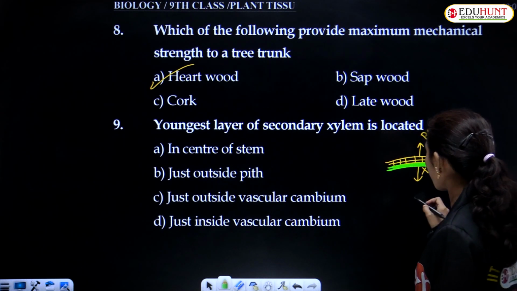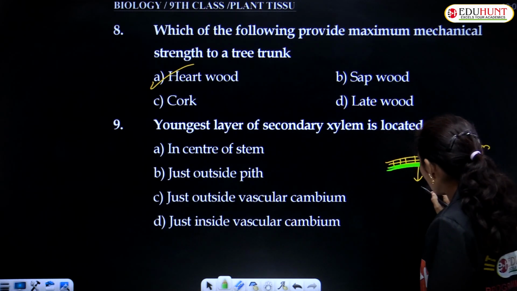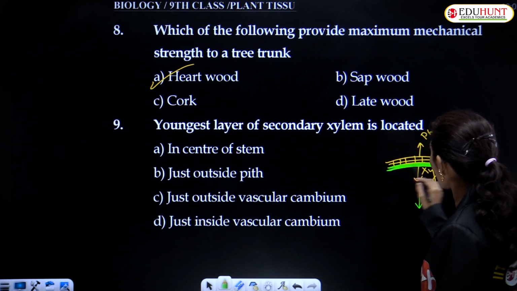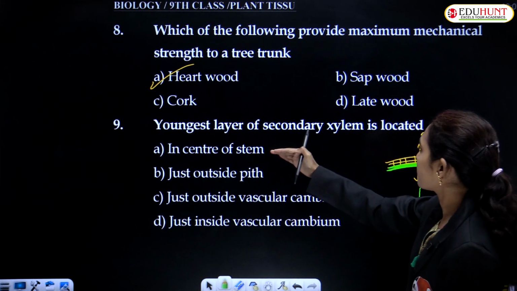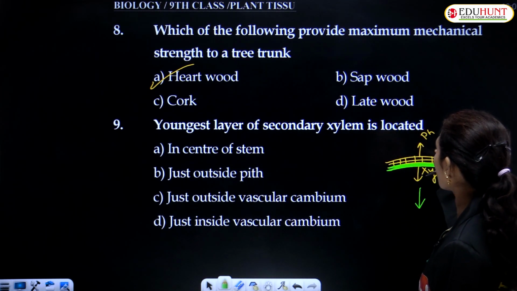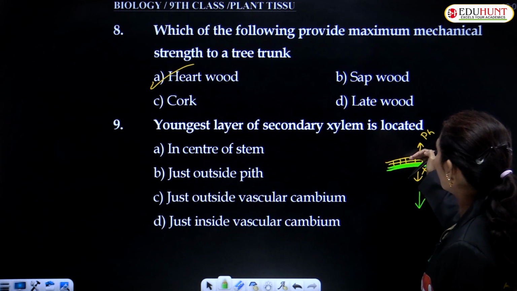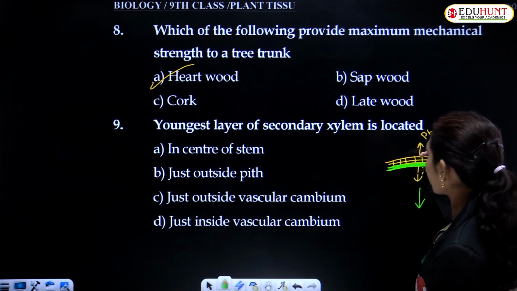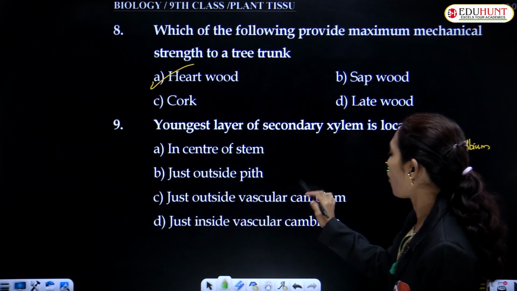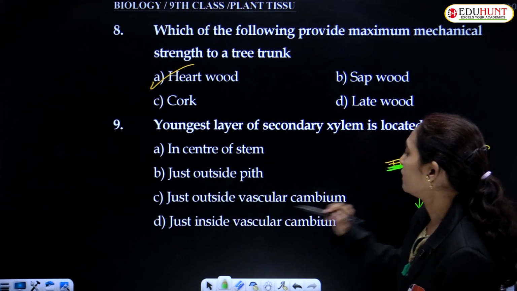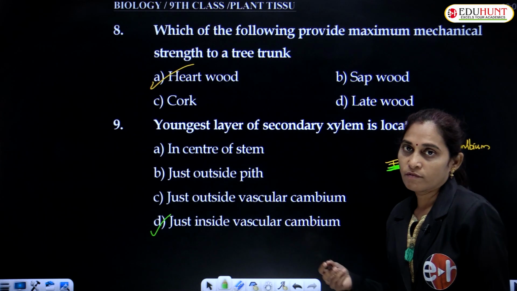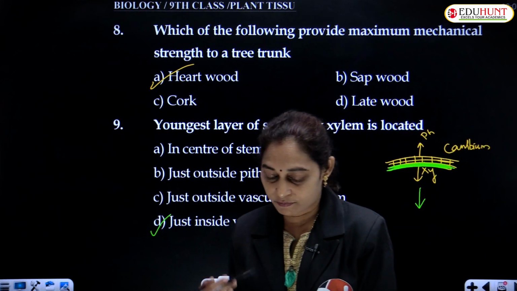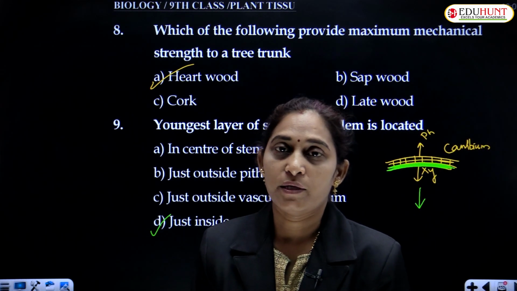Secondary xylem, because the primary xylem is pushed towards the inside, so secondary xylem is the answer. The youngest layer of secondary xylem is located just inside the cambium, because outside, phloem is produced. Phloem is given by the cambium.